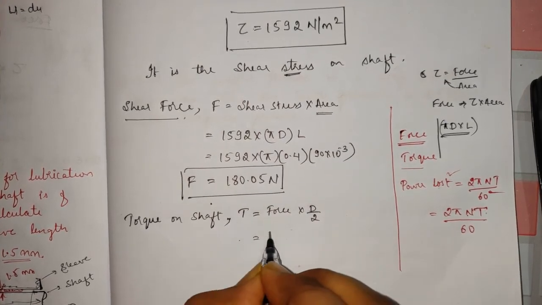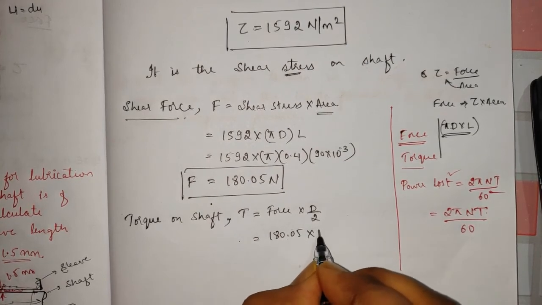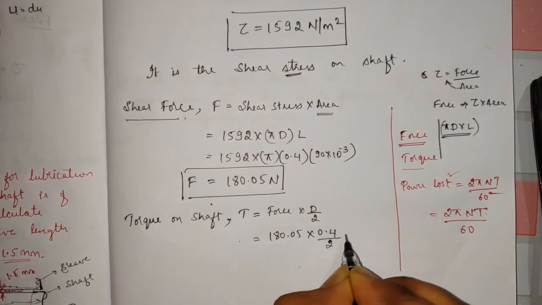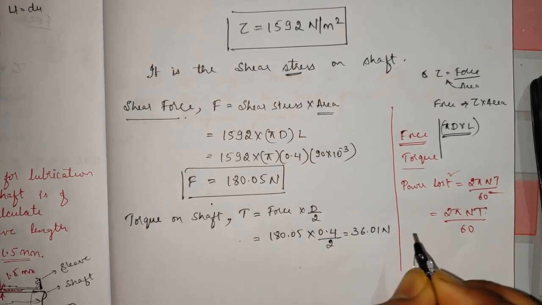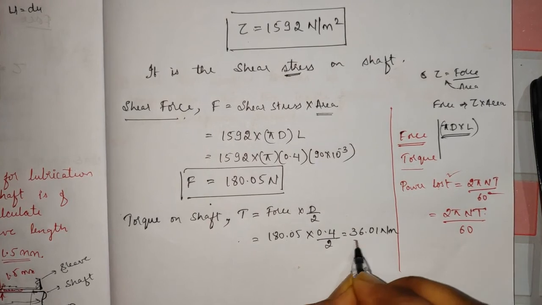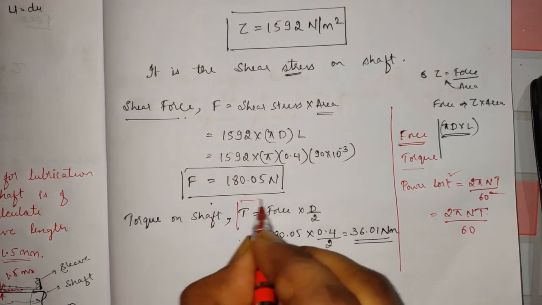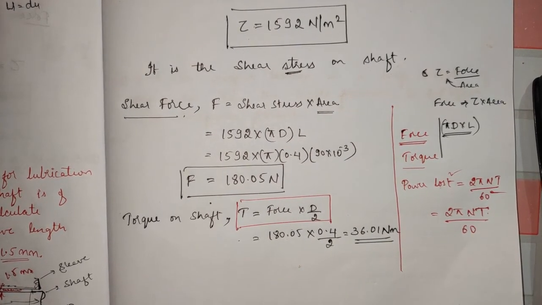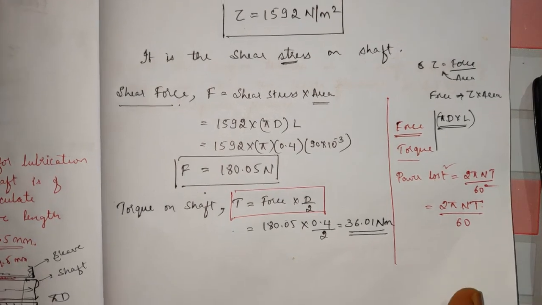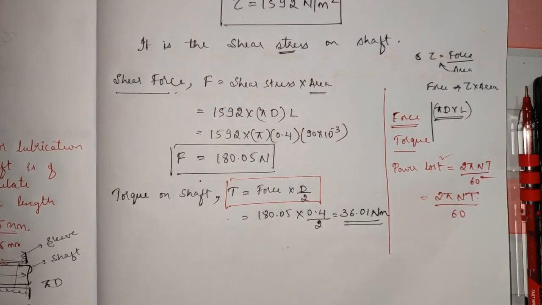Force is 180.05, diameter is 0.4 by 2. The torque value will be 36.01 Newton meter. Remember, torque is force into distance; directly remember the value of torque is force into d by 2.